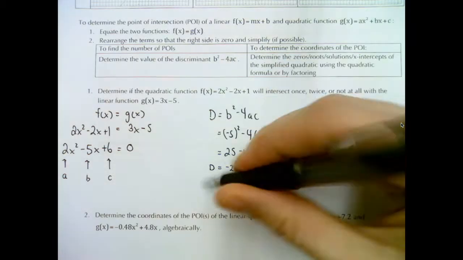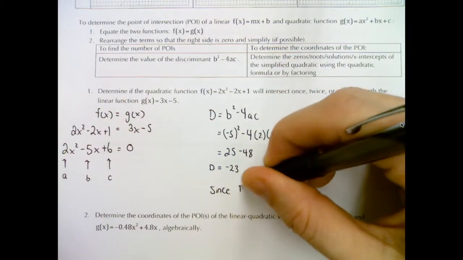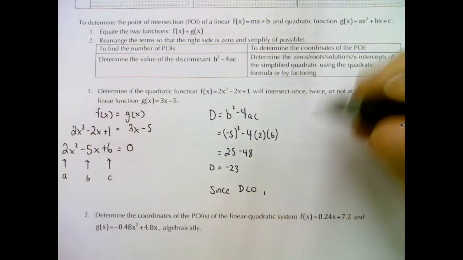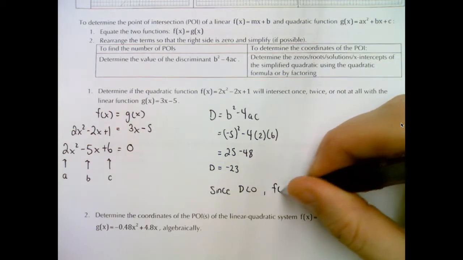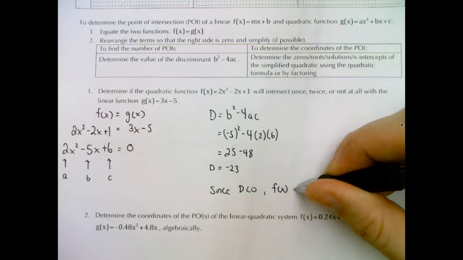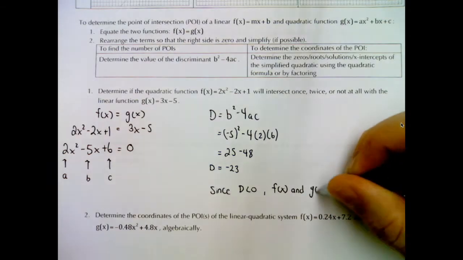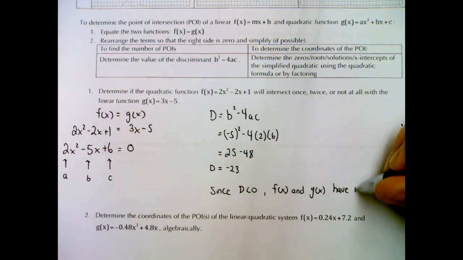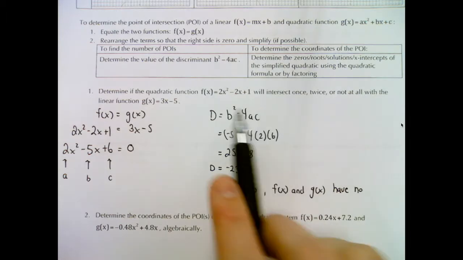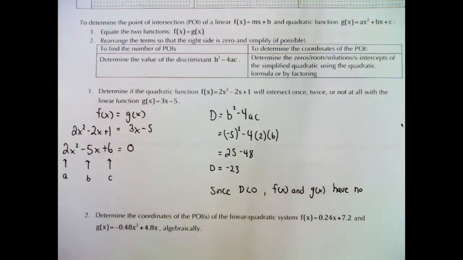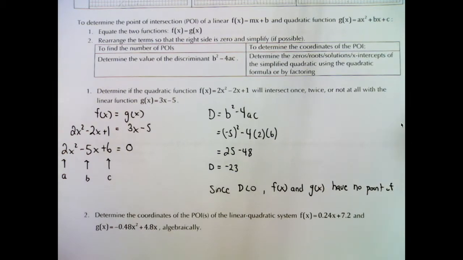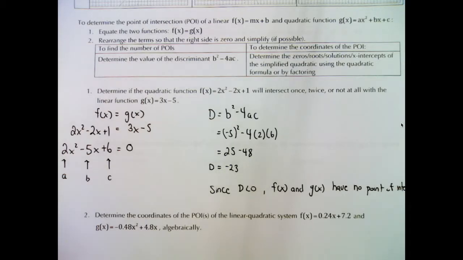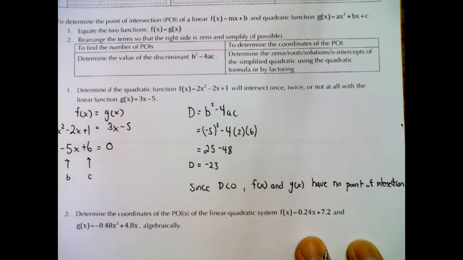So we can say, since the discriminant is less than 0, f of x and g of x have no point of intersection. The question says intersect once, twice, or not at all: no point of intersection.